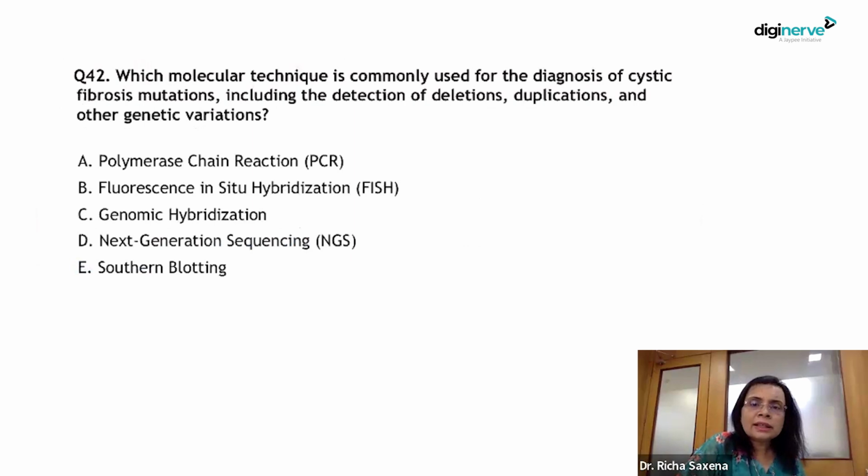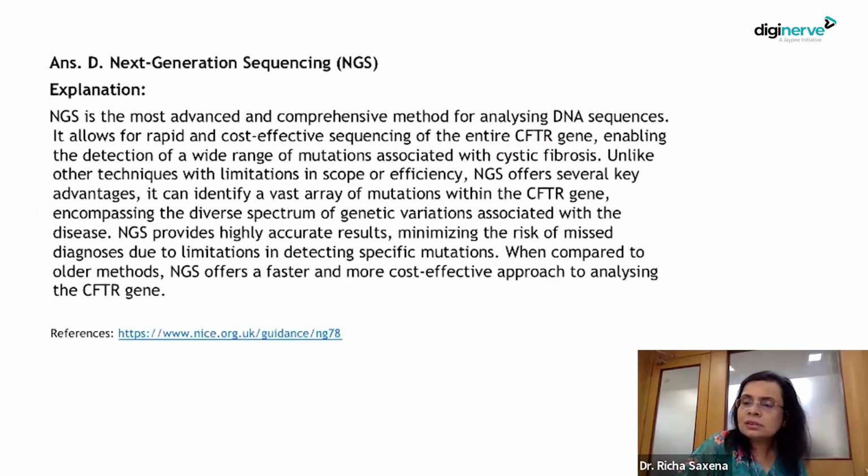Which molecular technique is commonly used for diagnosis of cystic fibrosis mutation, including the detection of deletions, duplications, and other genetic variations? So cystic fibrosis, the cystic fibrosis transmembrane conductance regulator, that is the gene which needs to be tested.